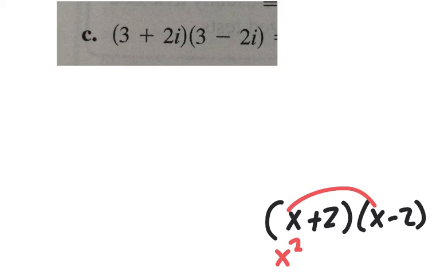The negative 2x plus 2x goes to 0. So if I distribute those, I get x squared minus 4.